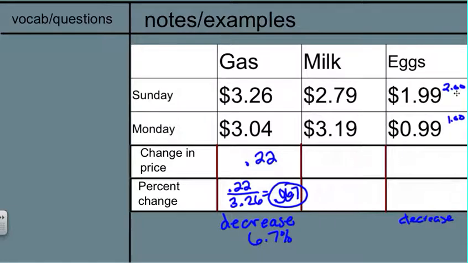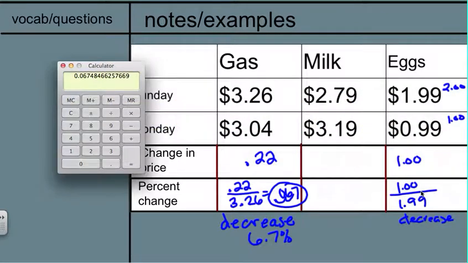The change in price from $1.99 down to 99 cents is $1. And for the percent, I need to take the change, what I found here, and divide it by the original amount. What did it start at? $1.99.